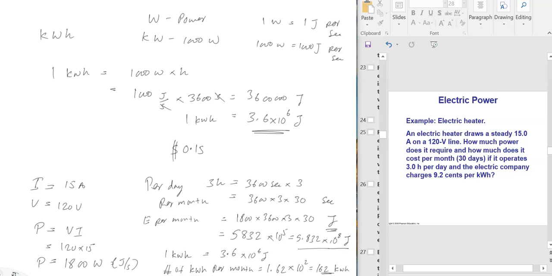Then each kilowatt hour is 9.2 cents. So what's the total cost just for this one heater? So I'm going to do it over here. Cost is 9.2 cents multiplied by 162.